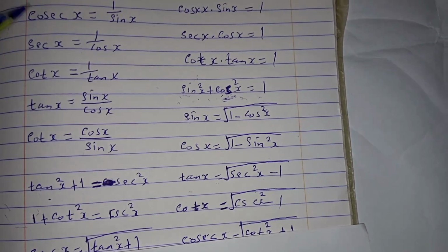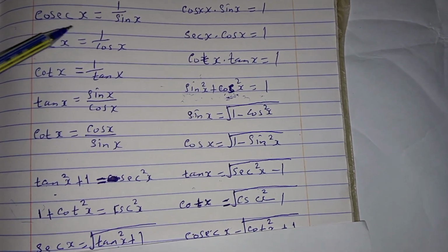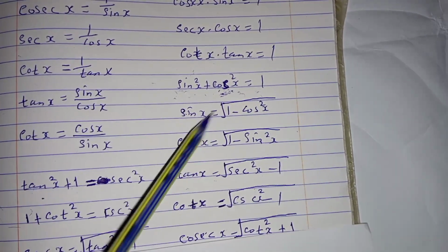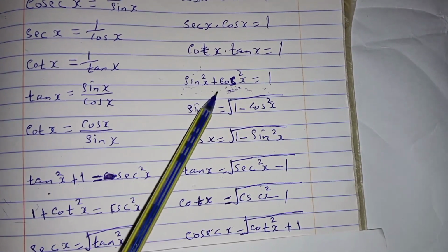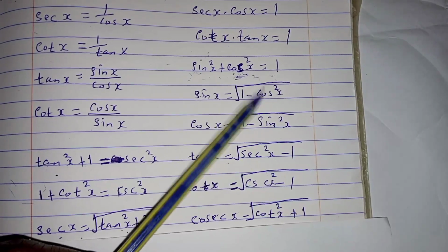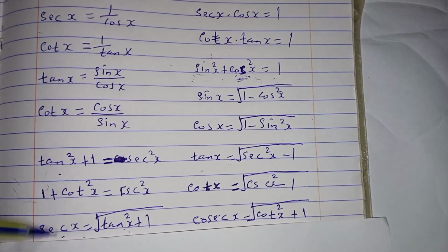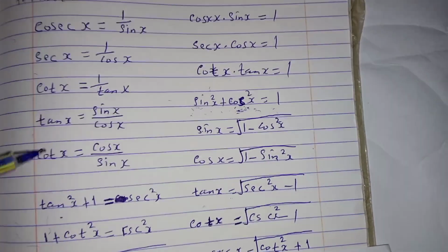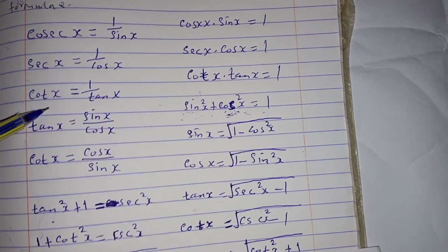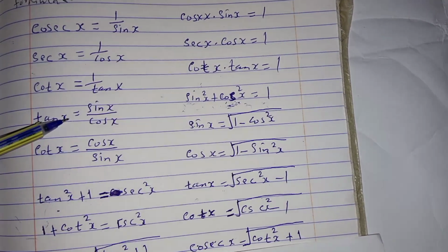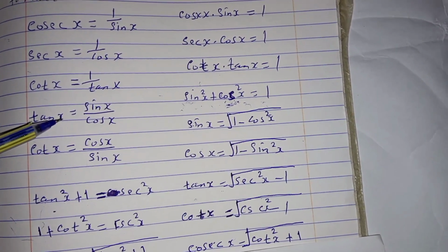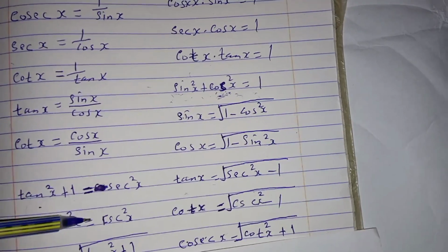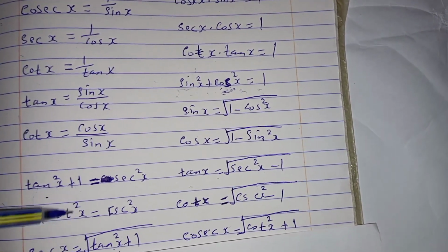Basically, they are derived from sin x and cos x, and also from the fact that sin squared x plus cos squared x is equal to 1. So they are simple to derive and simple to obtain, but they are very, very important when it comes to learning calculus as an undergraduate student. All the calculus will require these simple trigonometric formulae.